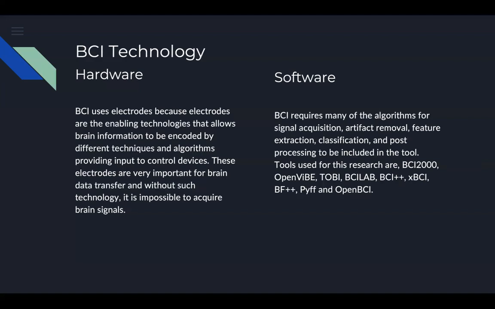So BCI technology mainly uses electrodes, or in this paper they work on the electrode, but there are some BCI technologies which use gamma rays, like fMRI, or fNIRS, which use color reflection.